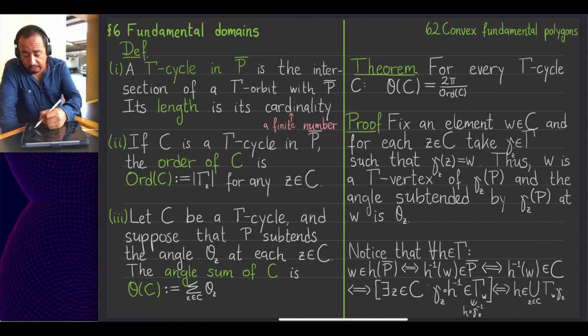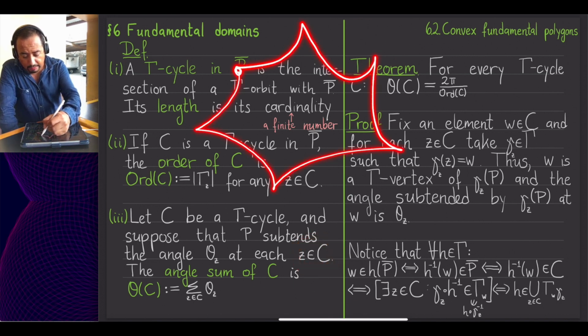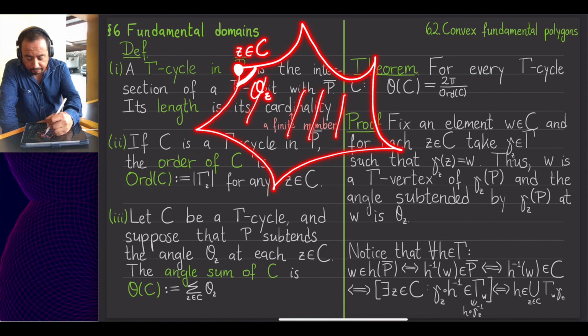Now, if C is a gamma cycle, and we take its element Z, then you see, at each element of C, the polygon P subtends a certain angle, which we call theta Z. And of course, C may have several elements, right?